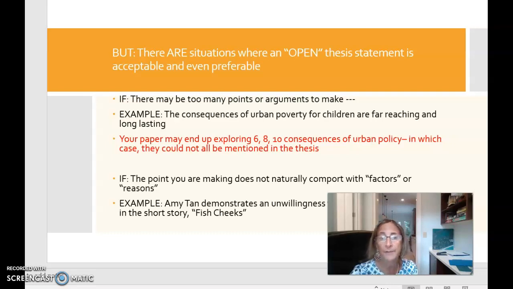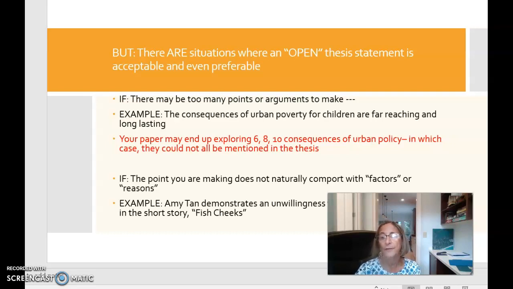Here's an example of that: the consequences of urban poverty for children are far-reaching and long-lasting. The bottom line is, for this particular topic, we are going to be discussing perhaps 6, perhaps 8, perhaps 10 consequences of urban poverty that are far-reaching and long-lasting. So we can't list them all in our thesis statement.